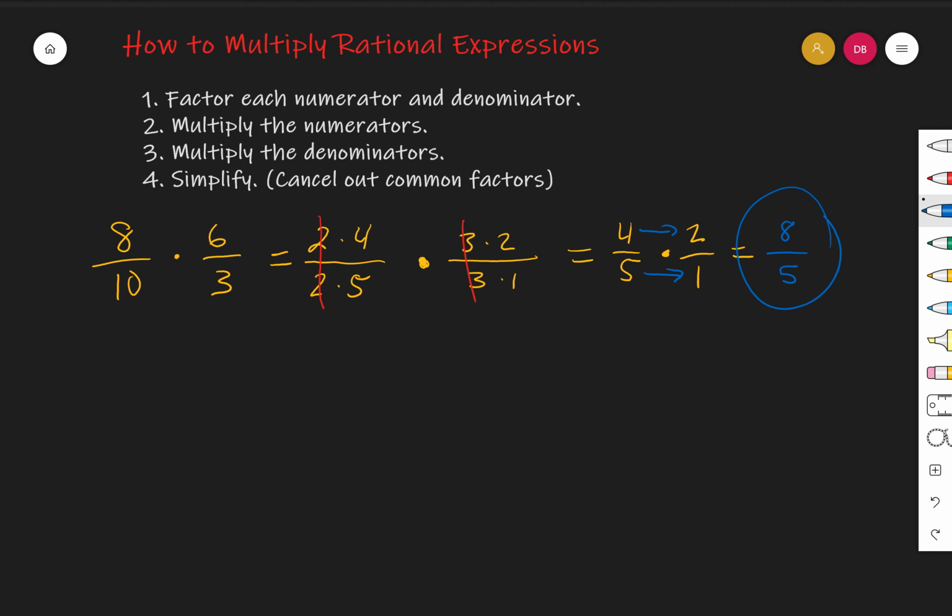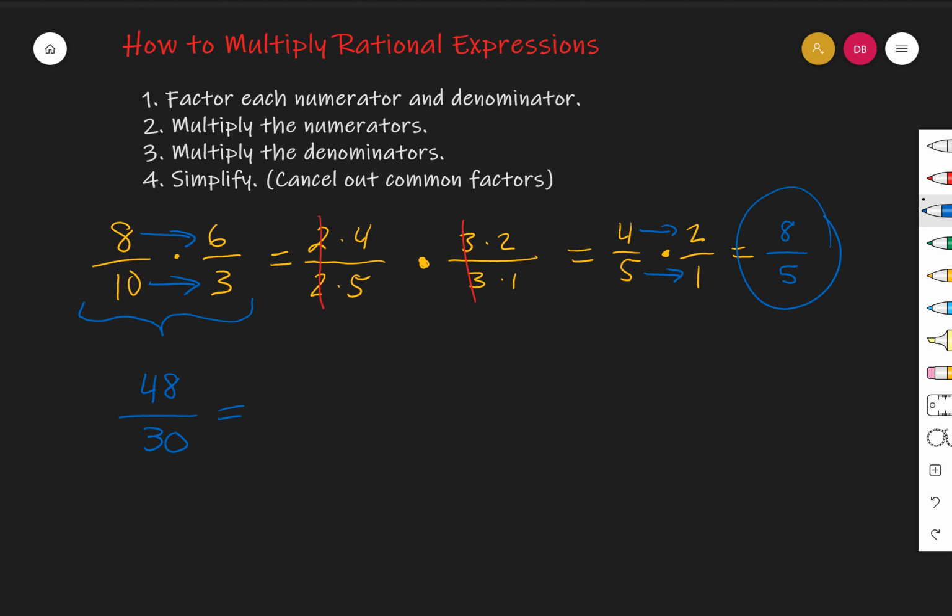So remember, we could have just multiplied straight across. 8 times 6 is 48. And 10 times 3 is 30. And then we would have to simplify this fraction, which is a little more difficult to simplify, right?